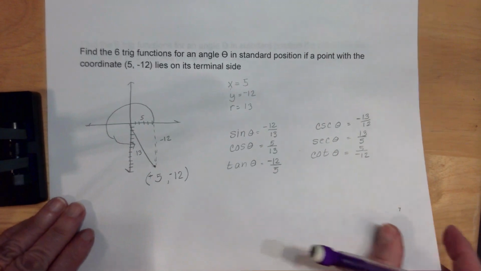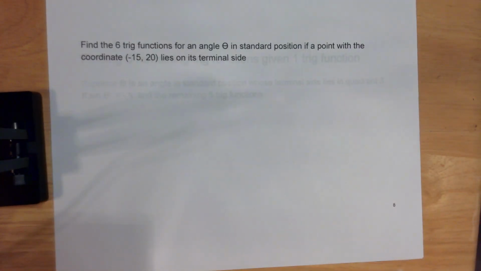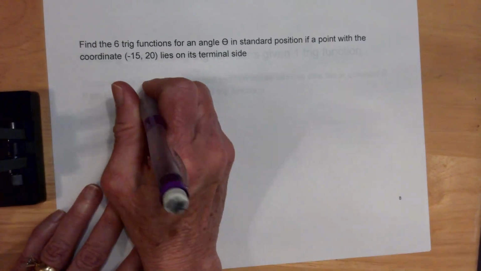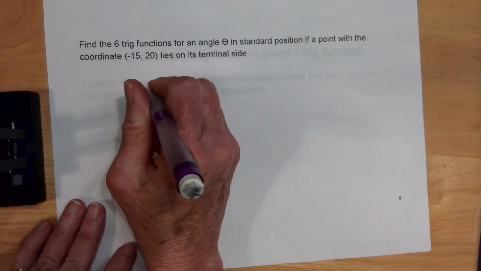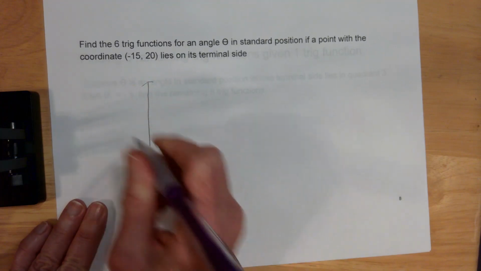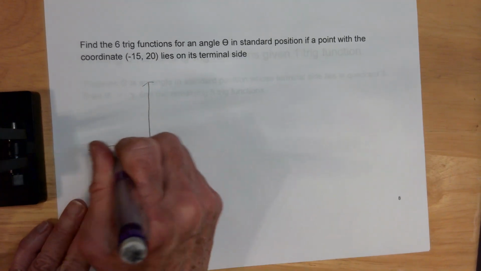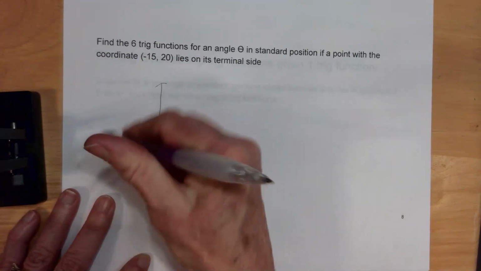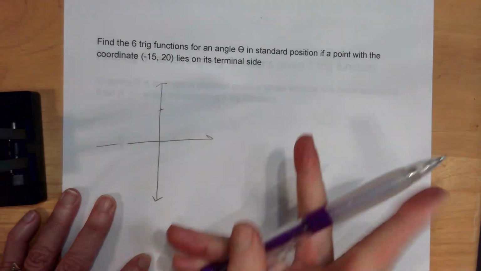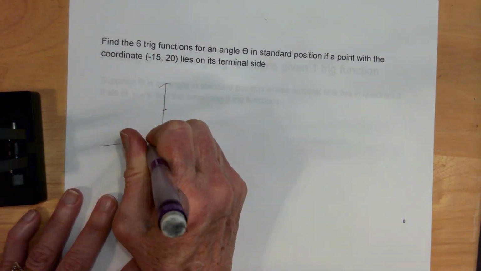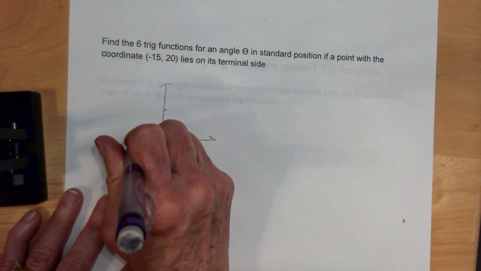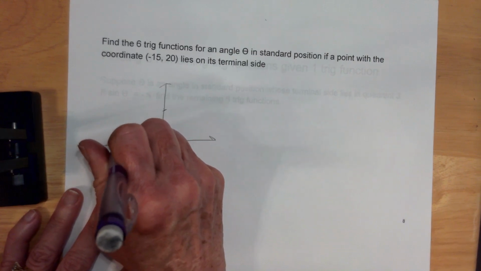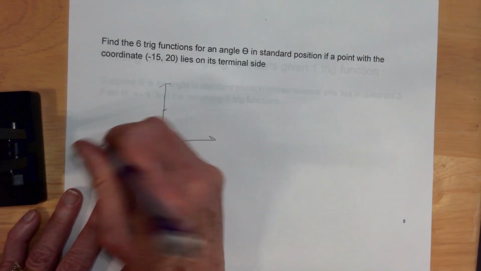Okay, let's do another one of those. All right, let's say we have negative 15, 20. So 1, 2, 3, 4, 5, 6, 7, 8, 9, 10, 11, 12, 13, 14, 15.